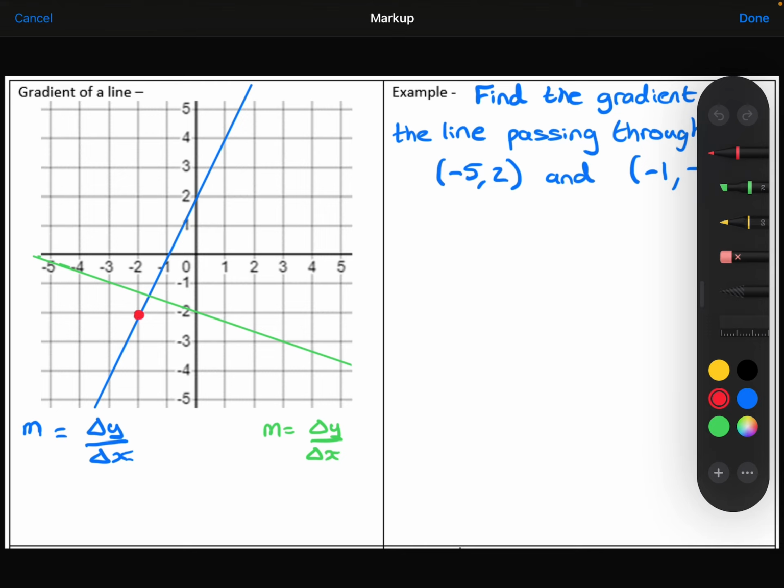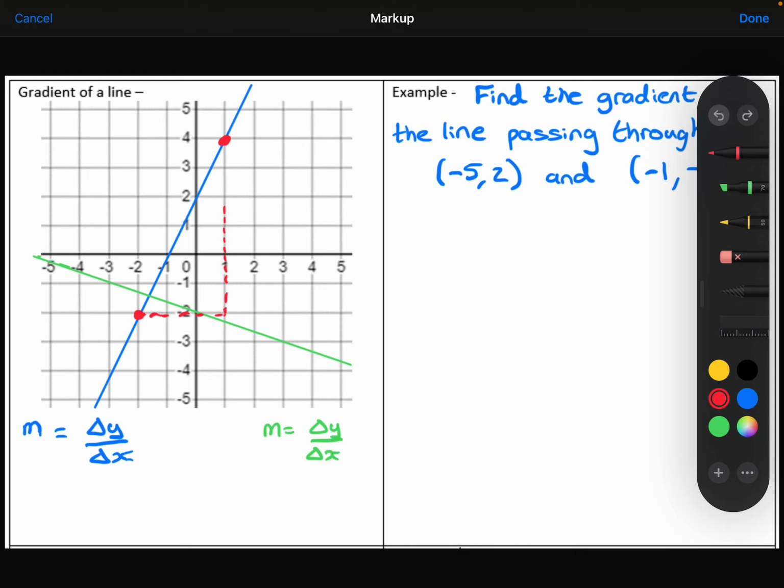So for example, I could choose this point here and this point here, and the change in the x coordinates and the change in the y coordinates I can read off. I can see the change in the x here is 3. The change in the y here, I've gone up 6. So 6 divided by 3 is 2. So the gradient of the blue line there is 2.